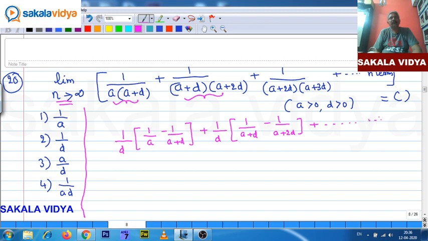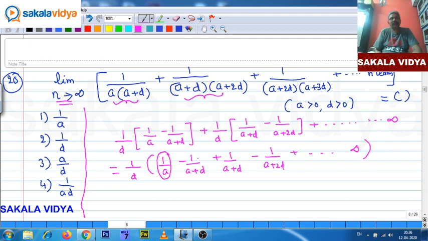Now write down up to infinity terms. So 1 by d you take out common, we have 1 by a minus 1 by a plus d plus 1 by a plus d minus 1 by a plus 2d and plus so on up to infinity. What will happen is, except the first term, all terms get cancelled.